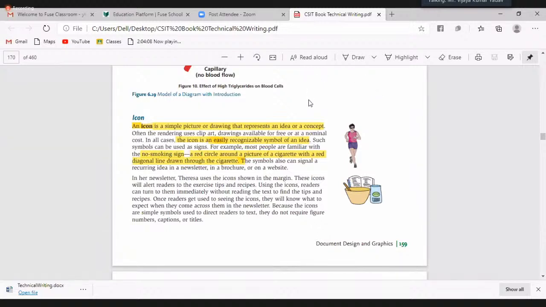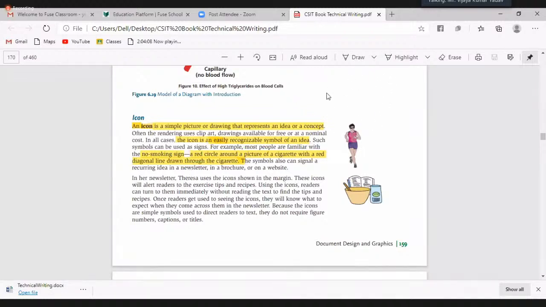There is a red circle, and that circle is around a picture of a cigarette. So there is a circle, and in the circle there is the picture of a cigarette, with a red diagonal line drawn through the cigarette.